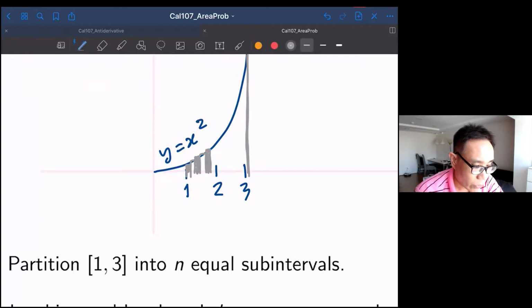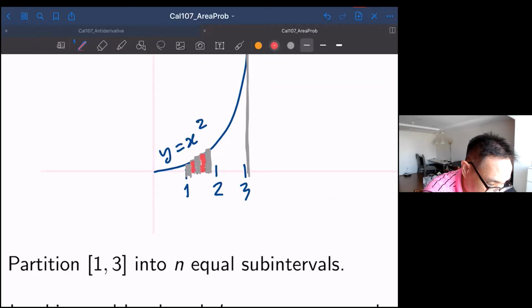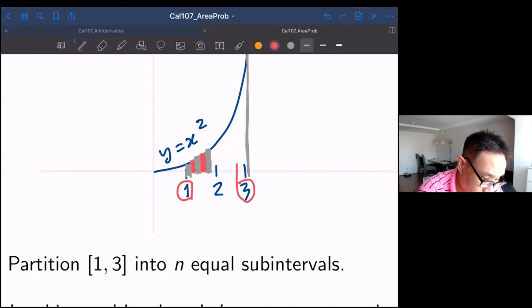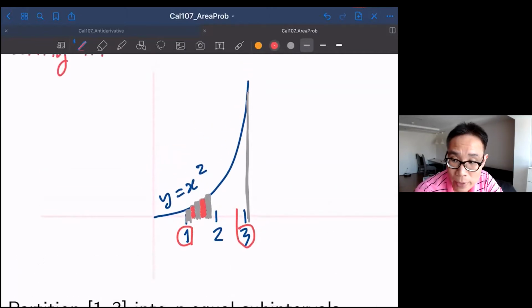You're going to find the sum of the areas of the rectangles, and I'll use alternating colors to make it clearer. In this case, a is 1 and b is 3, and the function is y equals x squared.